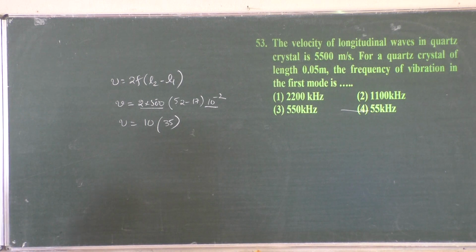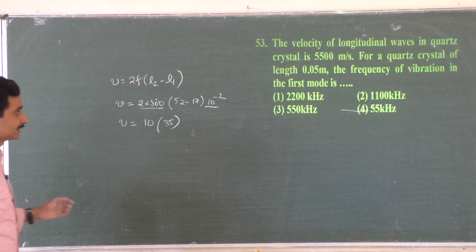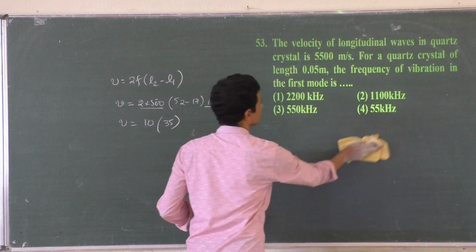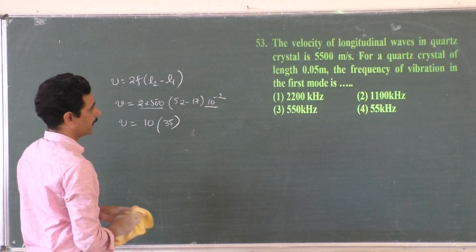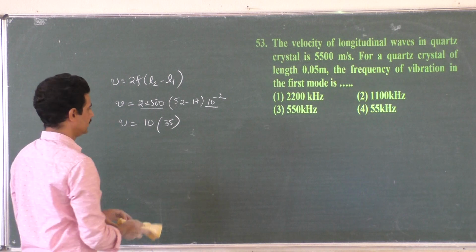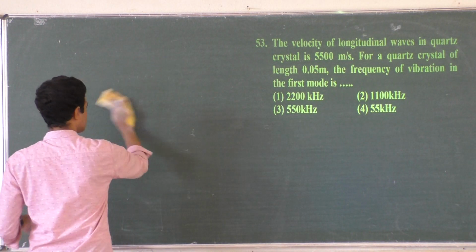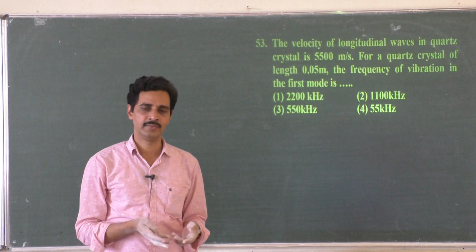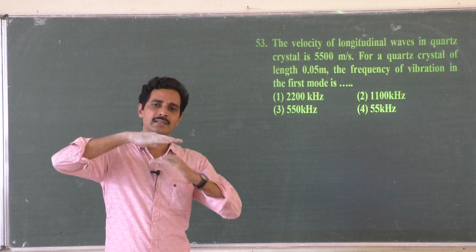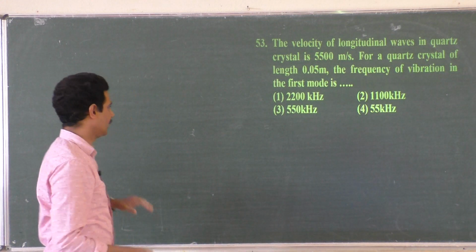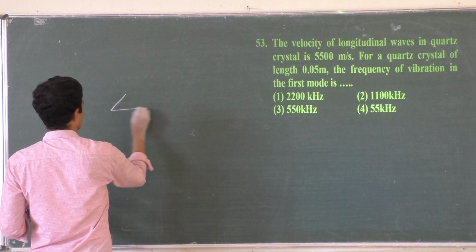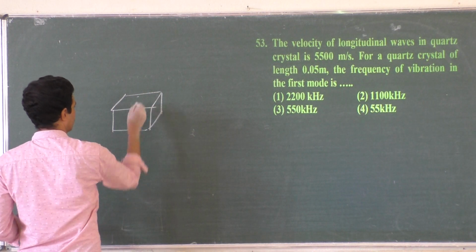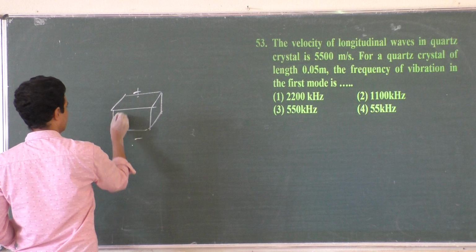53. The velocity of longitudinal waves in quartz crystal is 5500 meter per second. For a quartz crystal of length 0.05 meter, find the frequency of vibration in the first mode. If a quartz crystal is kept between two metal plates applied with an AC, it vibrates. I will apply the potential difference here and make it vibrate here.